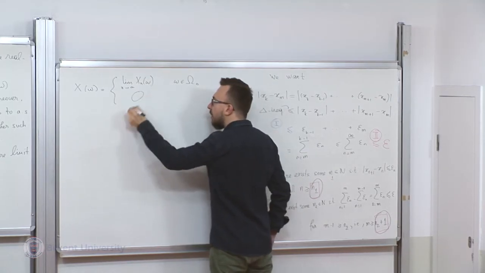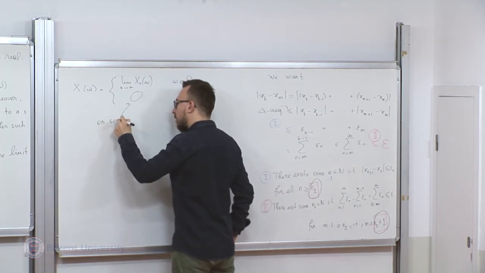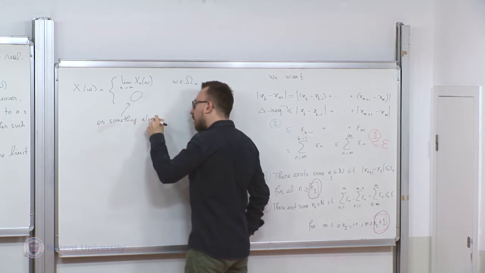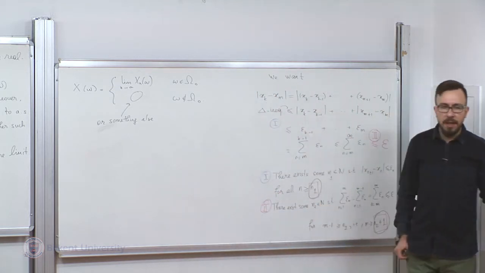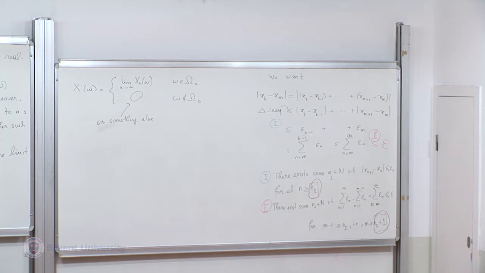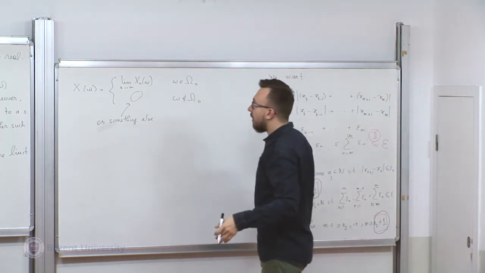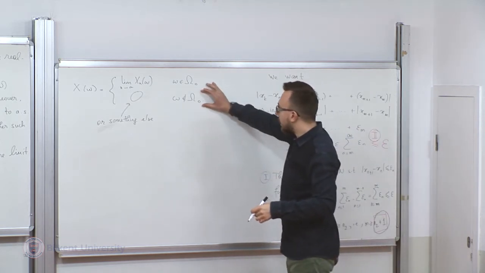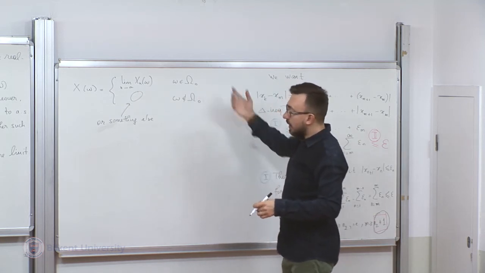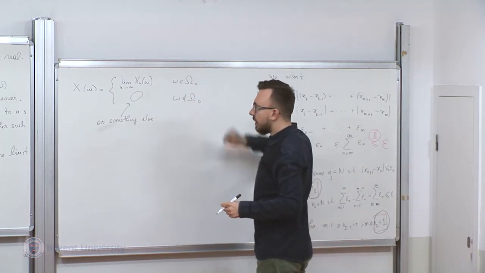And you can just set it 0 or something else outside this set. It really doesn't matter. As long as it is something just for definiteness, just to have a function defined on the entire set omega, just set it to 0 or 1 or whatever, some other random variable. It doesn't affect our results because this is a null set, right? The complement is a null set, sorry. This is an almost sure event. The complement is a null event.